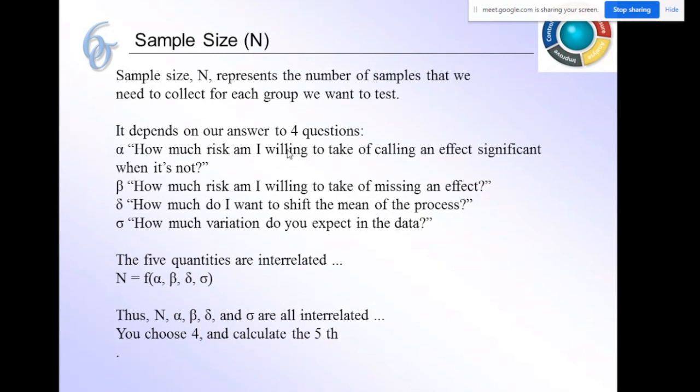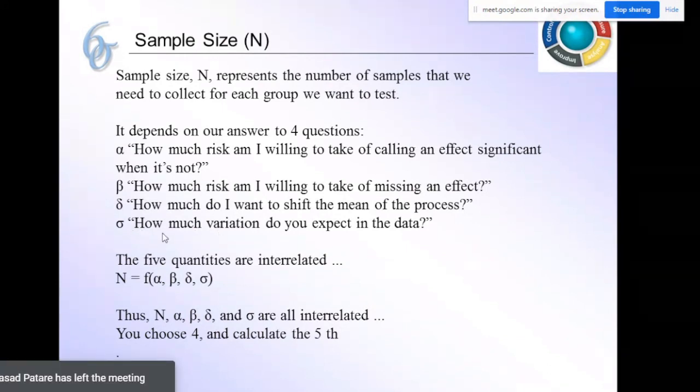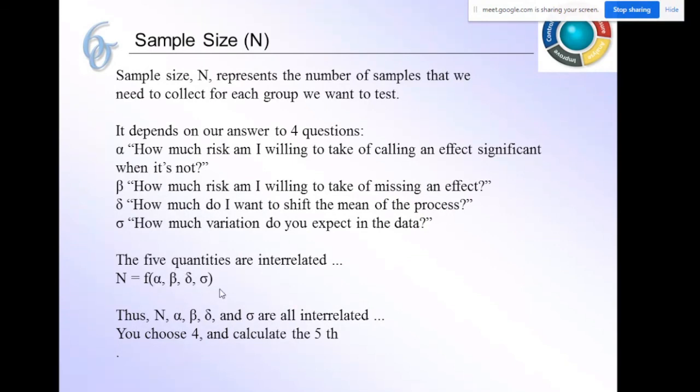That is alpha risk. And delta is the shift in the mean: how much shift you want to see in the mean. And the variation is sigma, the standard deviation. So sample size is a function of these 4 factors: alpha, beta, delta, and sigma.